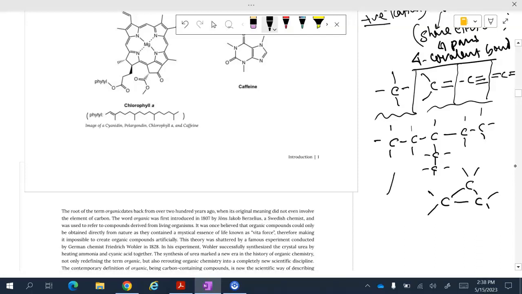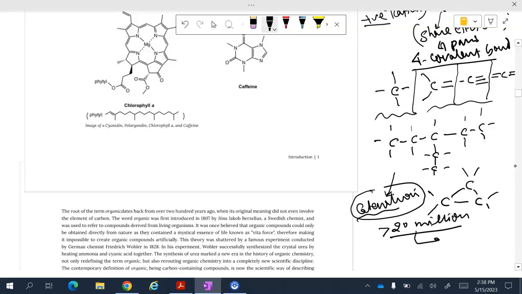This property of carbon is called catenation. Because of catenation, carbon can form a large variety of structures and compounds. By now, more than 20 million organic compounds have been discovered, and this number is growing day by day.